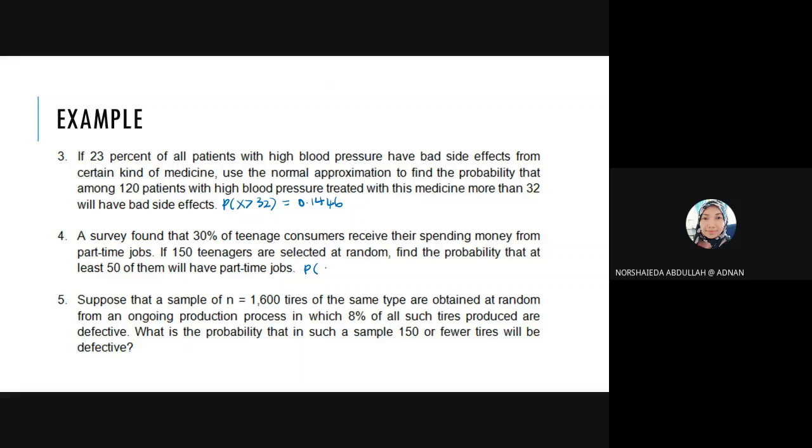Example 4, probability x greater than or equal to 50 equals 0.2119. And for example 5, probability x less than or equal to 150 equals 0.9808.